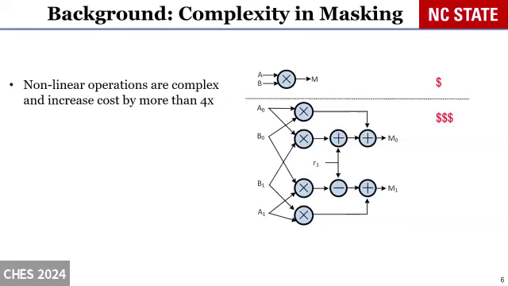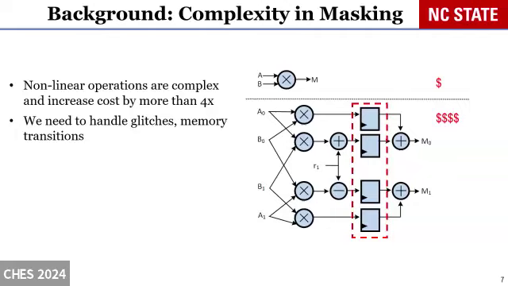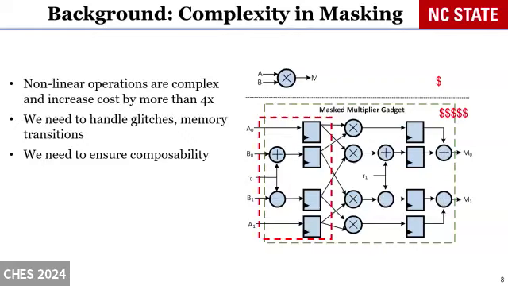But this is not just that, right? In hardware, you can have glitches, and glitches are known to leak information. So that's why you also need to add some registers to prevent those glitches, which will increase the overheads a little bit more. But this is not just that. If you want to compose these gadgets randomly in any order and maybe get the output back into the input and so on, you need to have composable security.